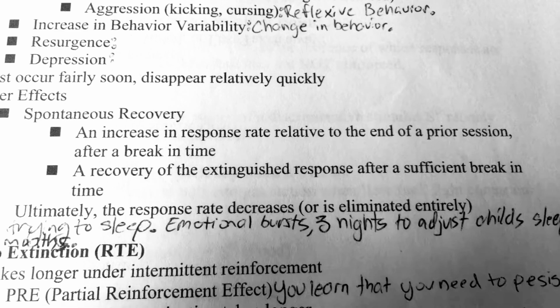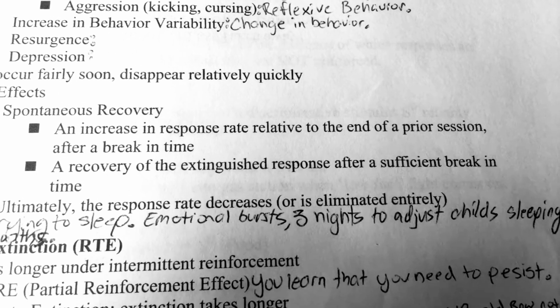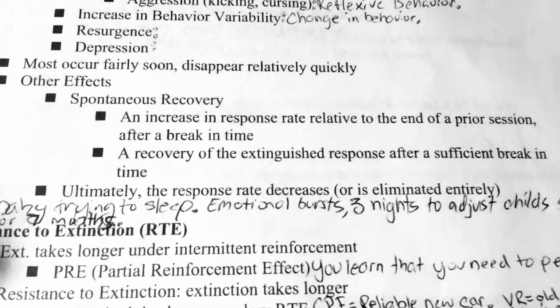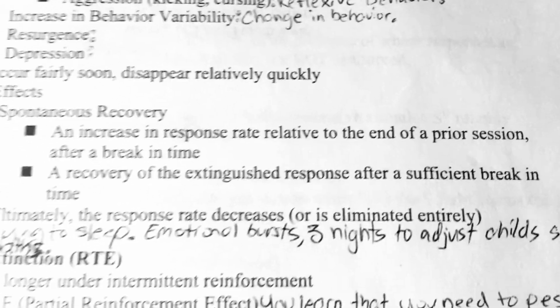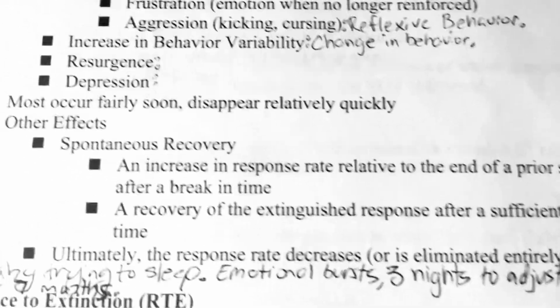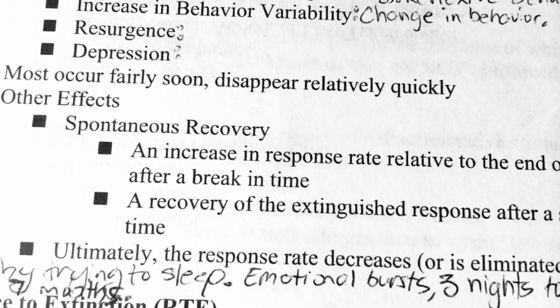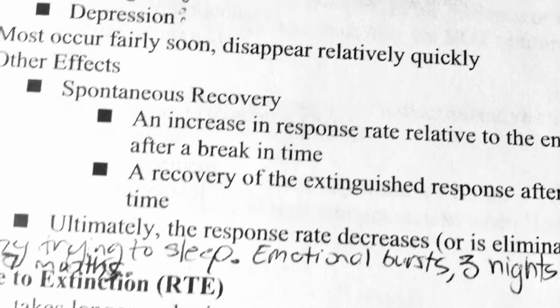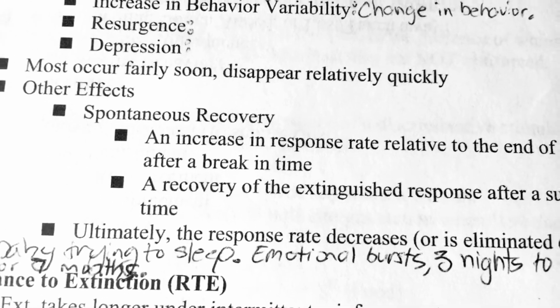However, there's a recovery of the extinguished responses after a sufficient break in time. So you may have a variation that increases and then decreases. Typically, you want to use a 24-hour break, and eventually that behavior will flatline.